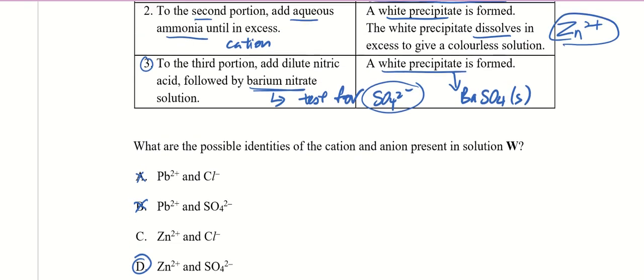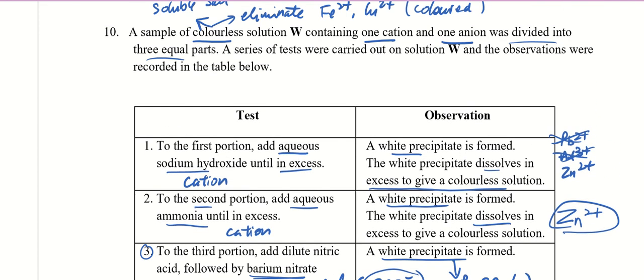I hope that these 10 questions have given you a sample of the thought process required to solve problems involving qualitative analysis. As a quick recap, you have to have a good understanding of the tests required for testing for cations, anions, and gases, because these are the usual information that you have to rely on.